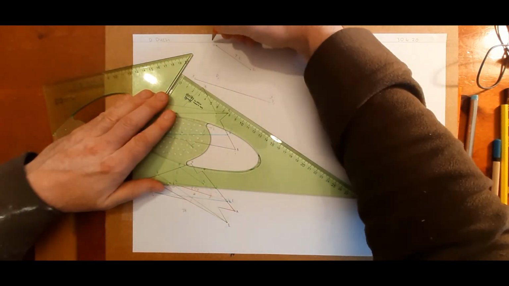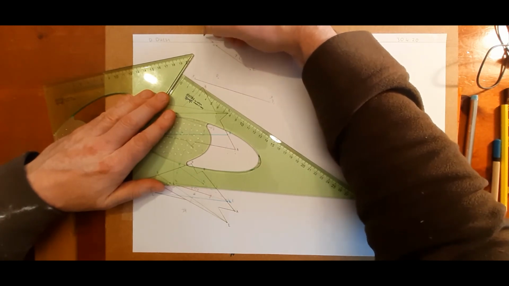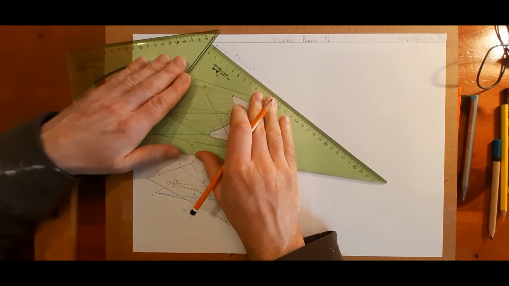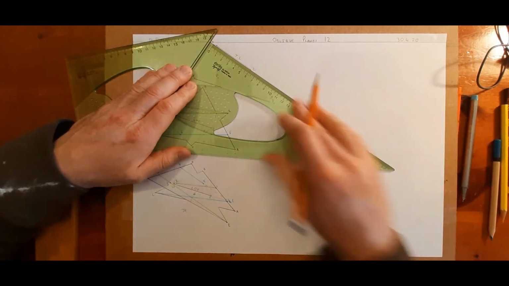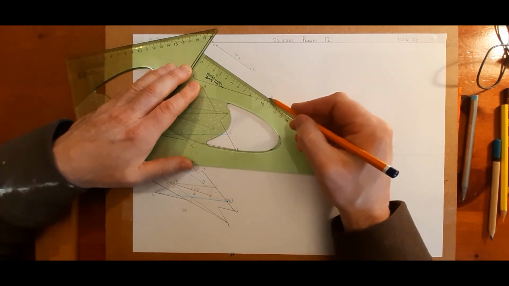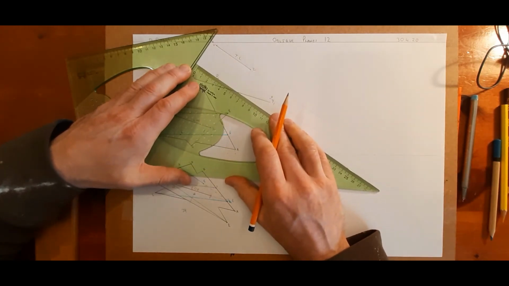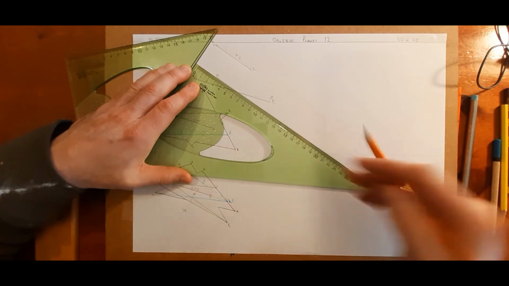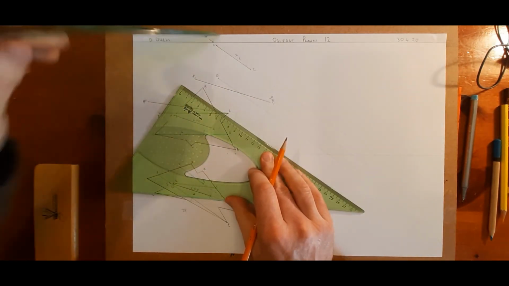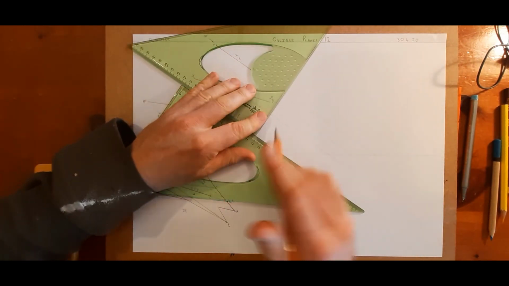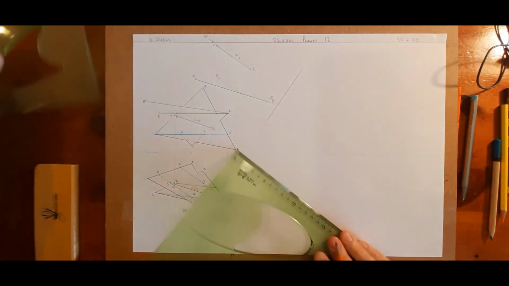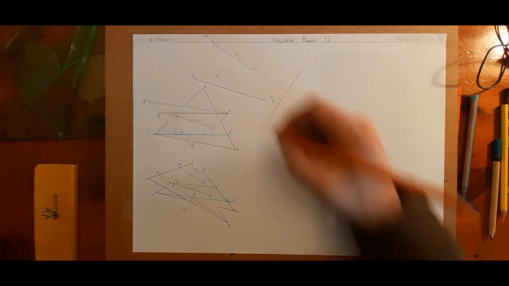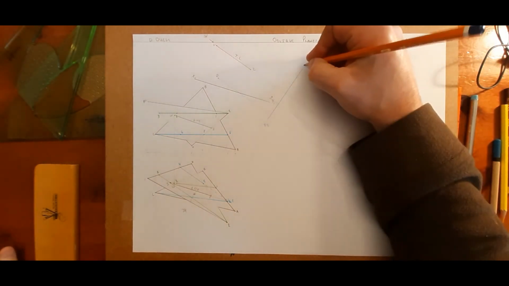So we're going to look down along here now along the true length line. Now set up X2, Y2.